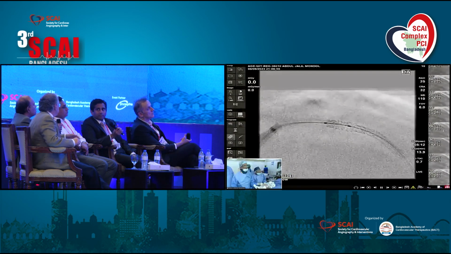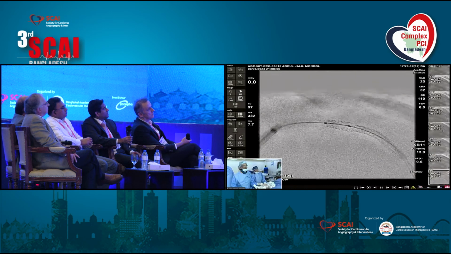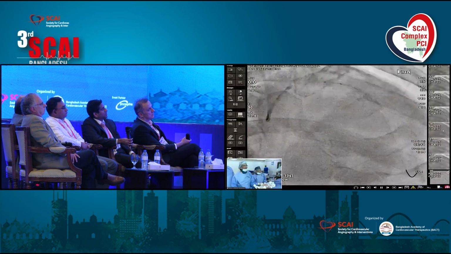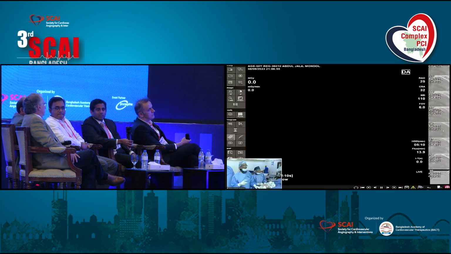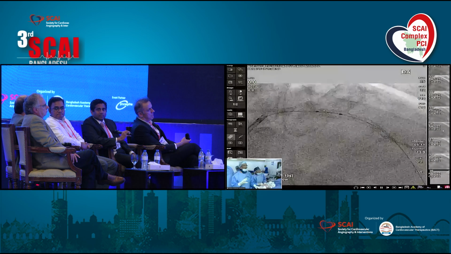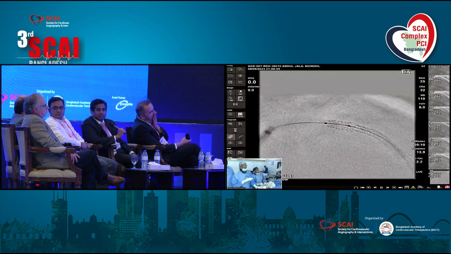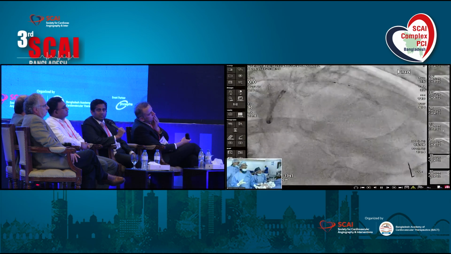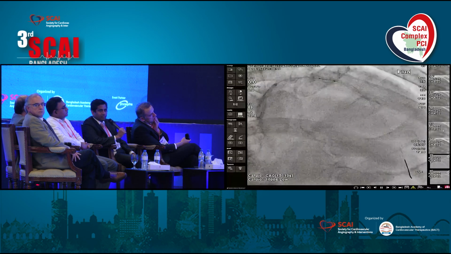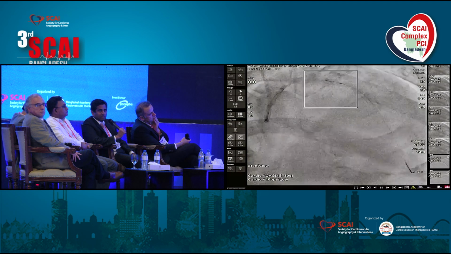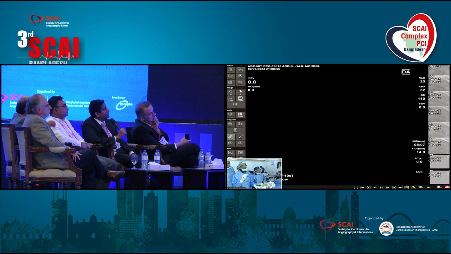Right. So the Japanese looked at this, I think we had a Japanese colleague over there, they can comment as well. They believe that you should measure from media to media, not actually lumen. First of all, you need to go beyond the lesion into a normal segment. And in that normal segment, when you take an IVUS picture, you need to measure either lumen to lumen or media to media.